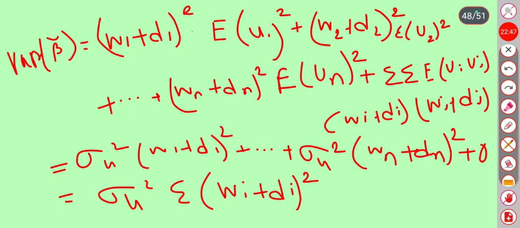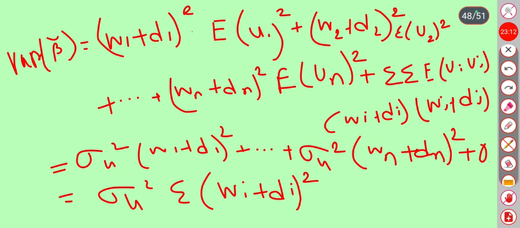So it is w1 plus d1, whole square, expected value of u1 square, plus w2 plus d2, whole square, expected value of u2 square, plus wn plus dn, whole square, expected value of un square, plus the double summation expected value of ui uj into w1 plus d1 into w2 plus d2.